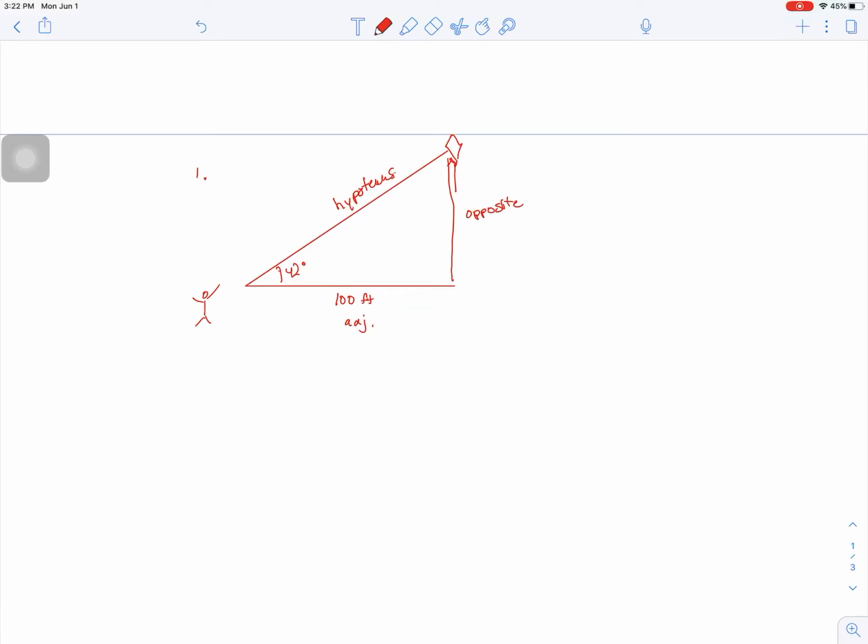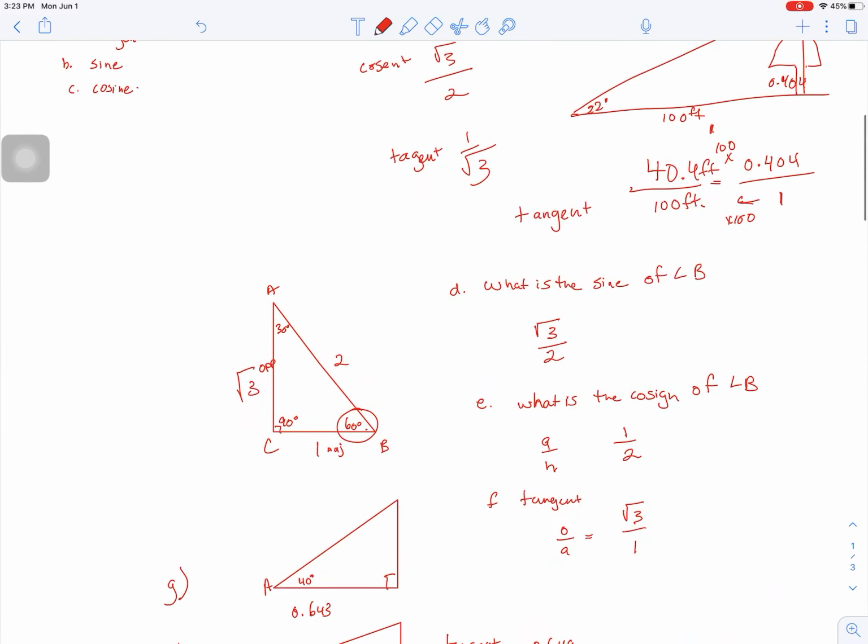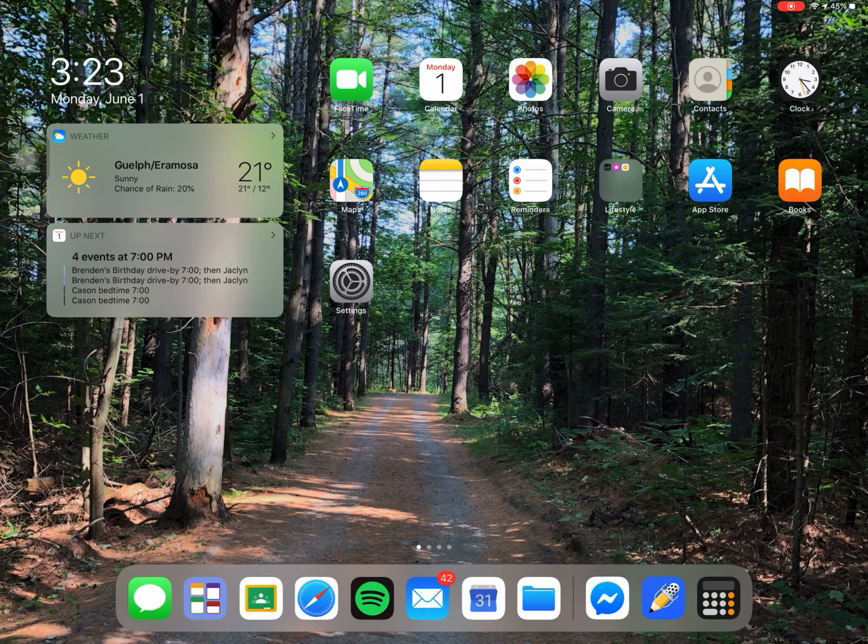So what we really want to find out is the opposite over the adjacent, which we know is the kite side over 100. In order to figure this out, we have to know what our tangent is. We have opposite over adjacent, and we're looking for the tangent.